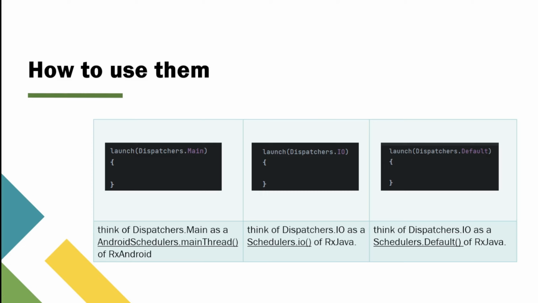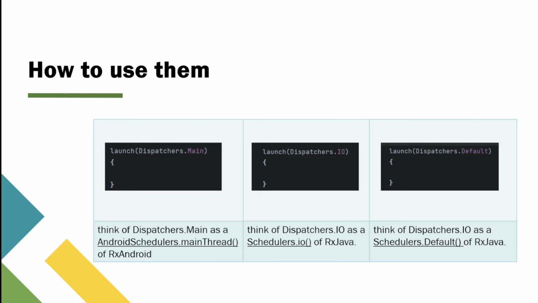And just to add one more thing on top of this, there is a question that might be asked in an Android interview: whenever we launch the coroutine, what is the default dispatcher that is being passed in the parameter?